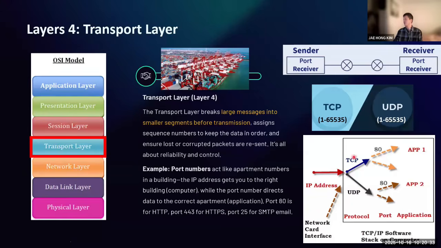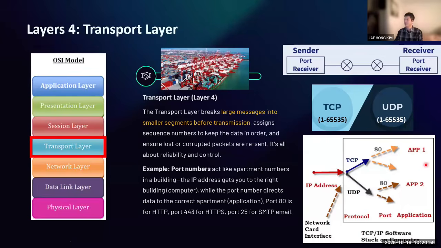Let's look at this picture. The IP address is coming in, and there are two protocols under the transport layer. One is TCP, the other is UDP. From TCP port number 80, data goes to application 1, and another TCP port number goes to another application.